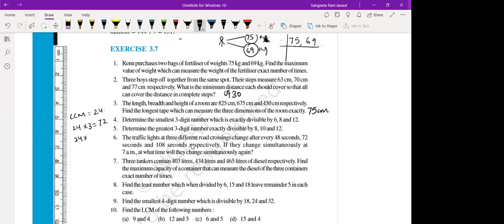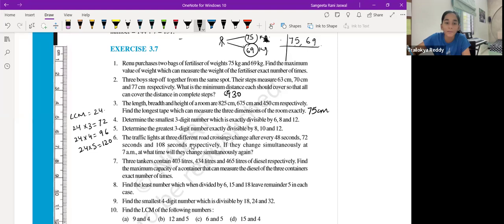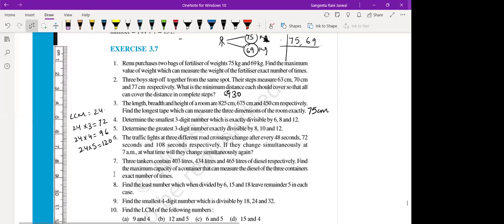So if I take 24 into 4, that will be 96. 24 into 5, this is 120. So this is now a 3-digit number. Yes, ma'am. All others were 2-digit. This is now a 3-digit number, so this is the smallest 3-digit number.